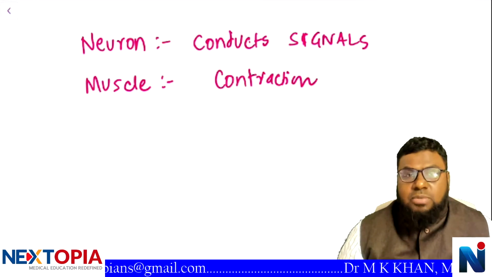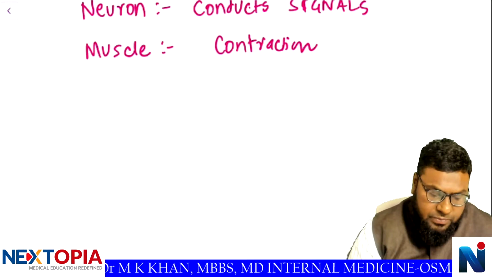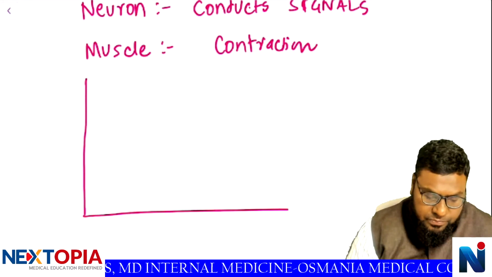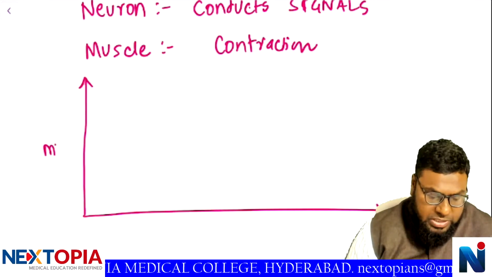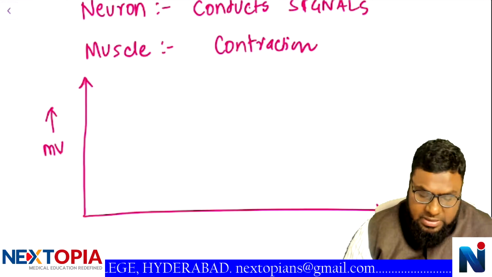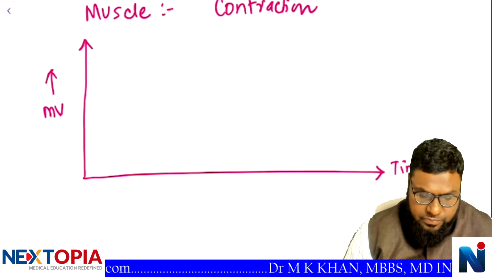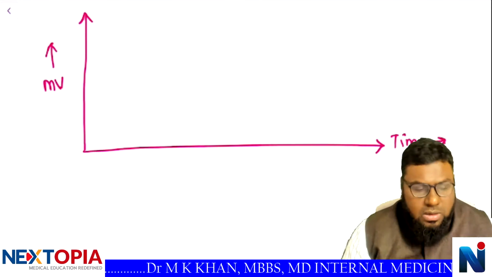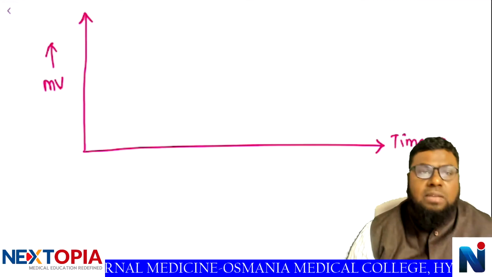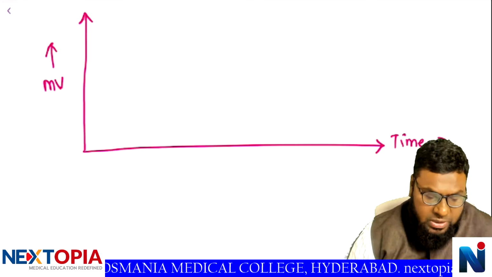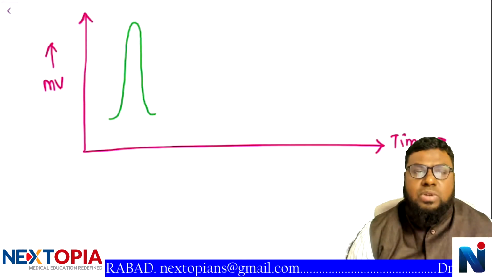If you observe the three important cells in a graph, which I'll show you like this, with potential difference on the y-axis and time on the x-axis, we try to understand. If you look at the motor neuron first, the motor neuron action potential is depolarization followed by repolarization.